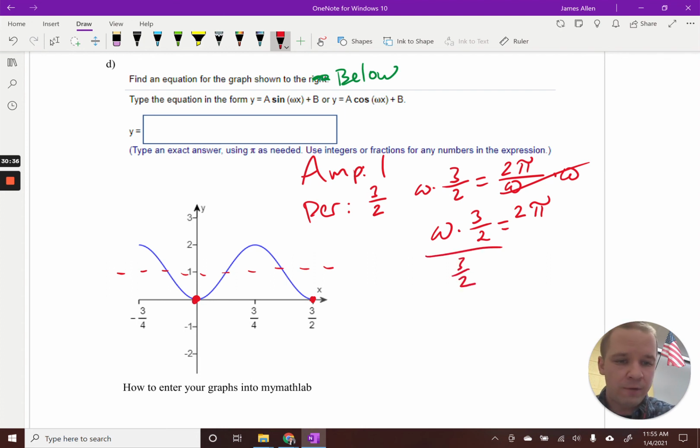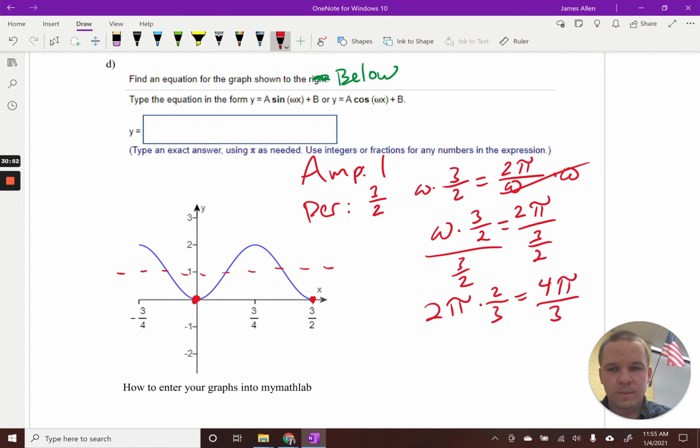And yes, that algebra will work out that way each time. I'm just showing it because I'm crazy apparently. So I have 2 pi multiplied by the reciprocal, times 2/3. So I'm going to get 4 pi divided by 3.